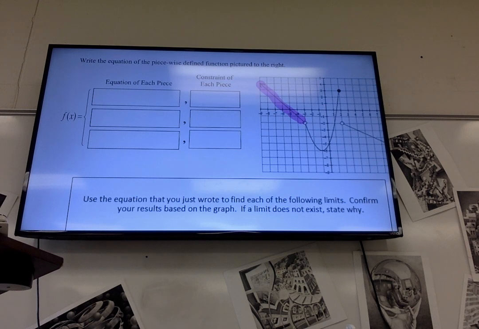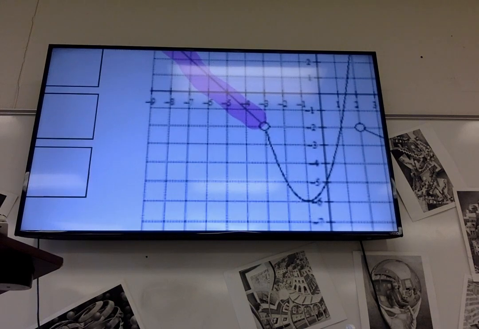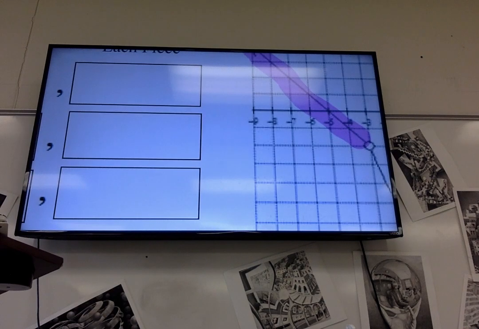The x value here is at, what is that, negative 3? Right? Negative 3, so it's to the left of it, my pink line is. So how would I write that as an inequality? X is less than negative 3.